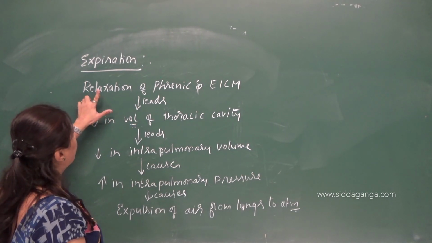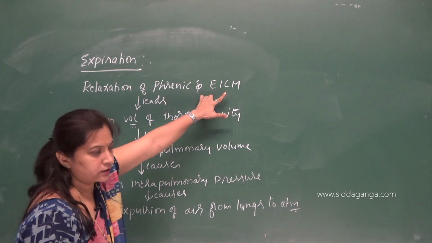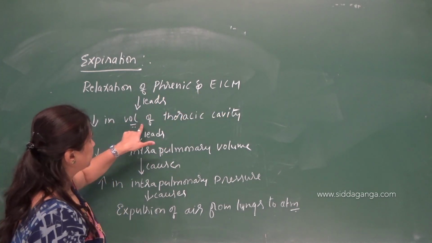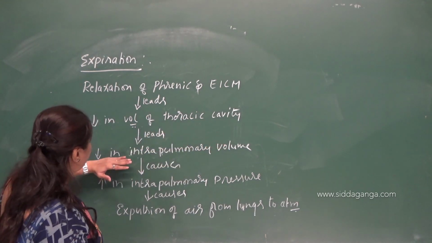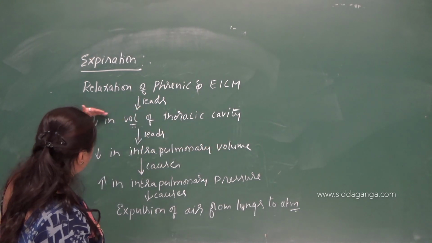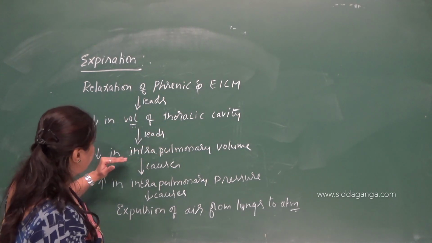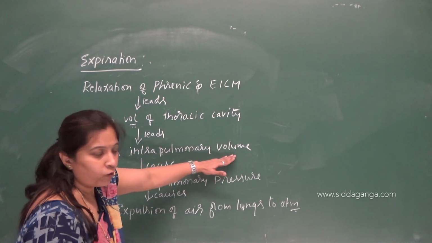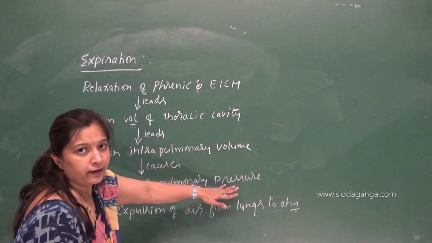Expiration occurs because of relaxation of phrenic and external intercostal muscles, which leads to a decrease in the volume of the thoracic cavity. This in turn leads to a decrease in the intrapulmonary volume. When the volume decreases, the pressure inside the lungs increases.